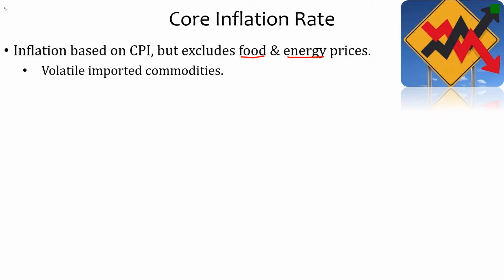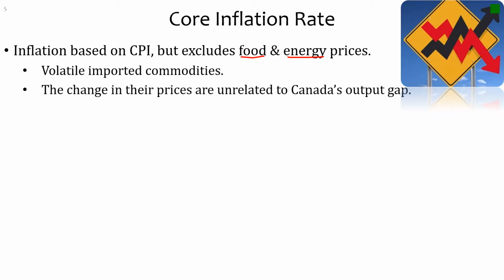We don't want our government or the central bank to interfere domestically because of some price change elsewhere. If there is an event in some other part of the world which is driving the food and energy prices up and down, why should we change our own policy? So the change in their prices are unrelated to Canada's output gap. For this reason, we exclude them from our inflation calculations so that we can focus on things that actually matter to us.